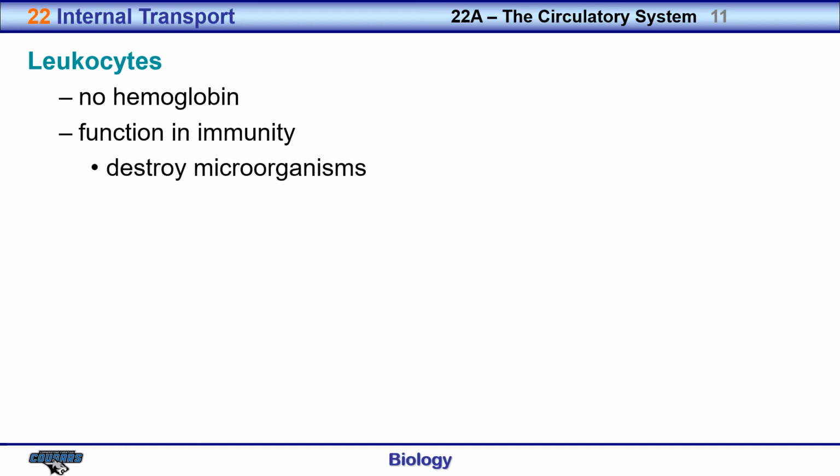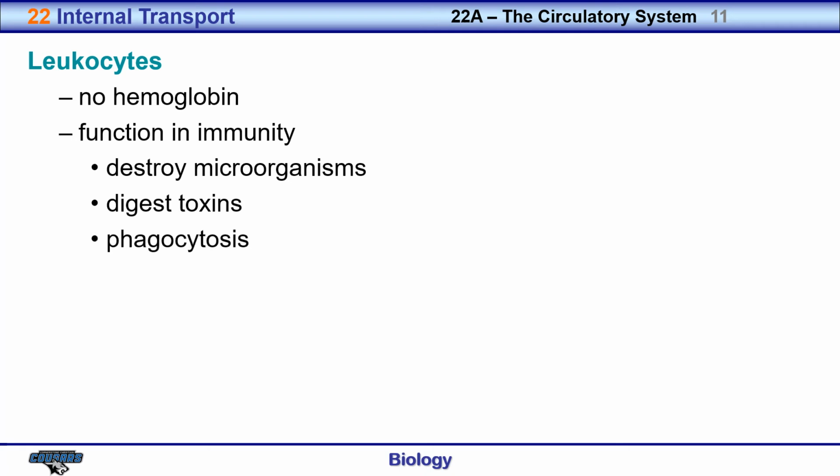Some of the leukocytes manufacture substances for killing microorganisms, and their other function is to digest the toxins that might be in the blood to protect you.